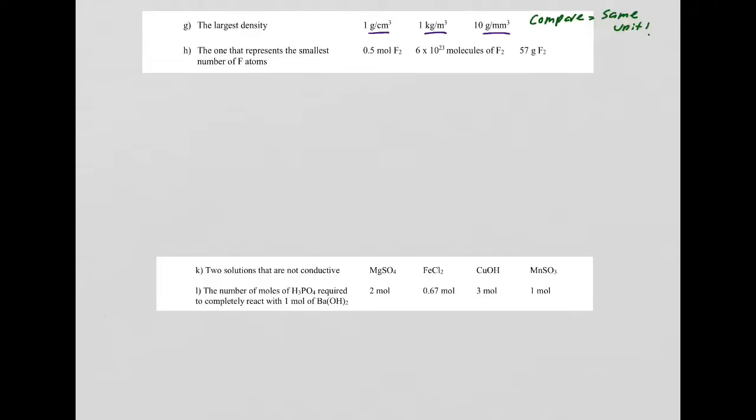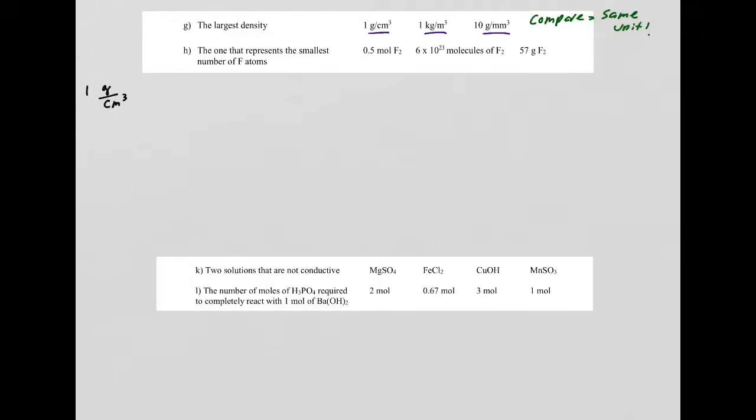I'm going to pick one unit and convert all to the same unit and then compare. I'm probably going to pick grams over centimeter cube. So I have 1 gram over centimeter cube. I'm going to convert everything else to that.